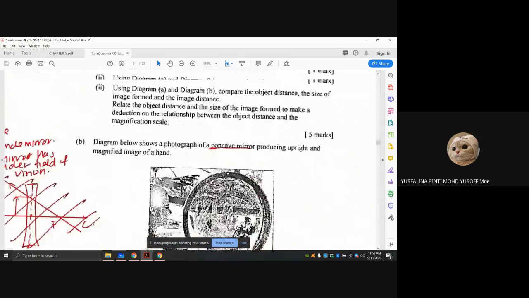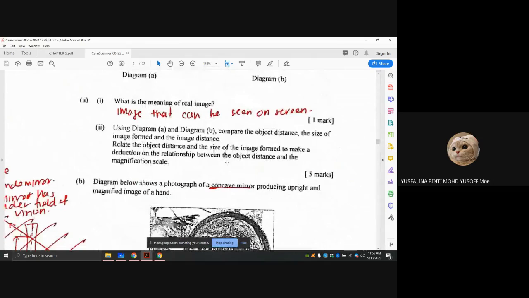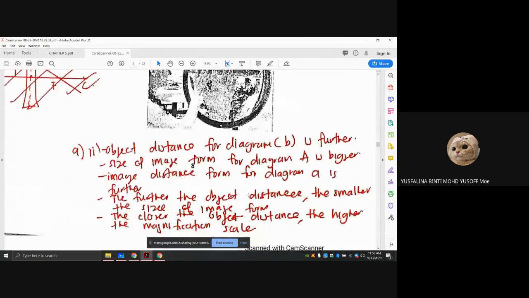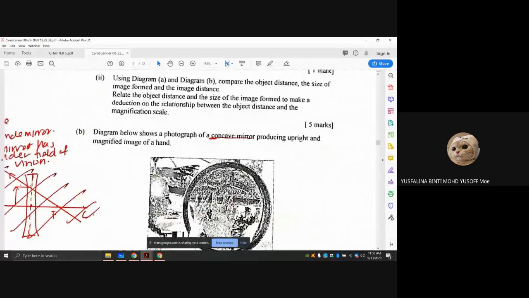For this one you just use the diagram to compare. The next one asks you to relate the object distance and the size of image formed. The further the object distance, the smaller the size of image formed. And the last one asks you to deduce the relationship between the object distance and the magnification scale.